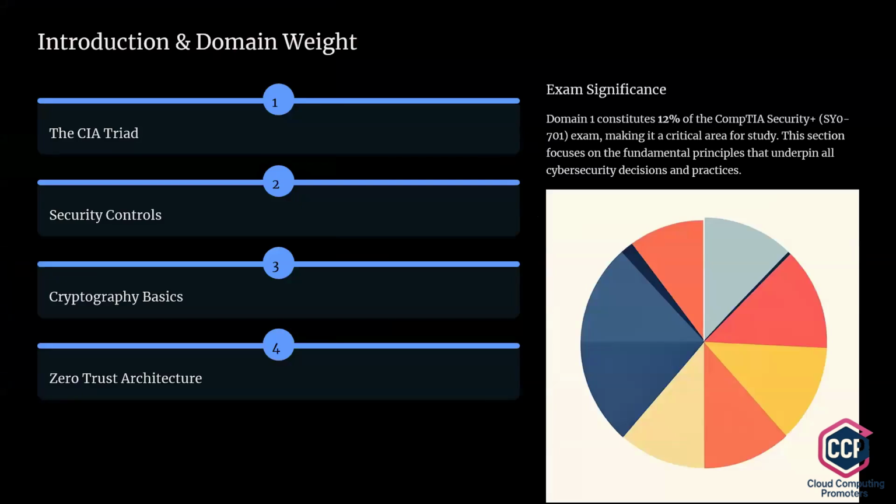As we discussed right now, we need to maintain confidentiality, integrity, and availability. There will be 4 stages in cybersecurity, where CIA will be one part, and then security controls, cryptography basics, and zero trust architecture.